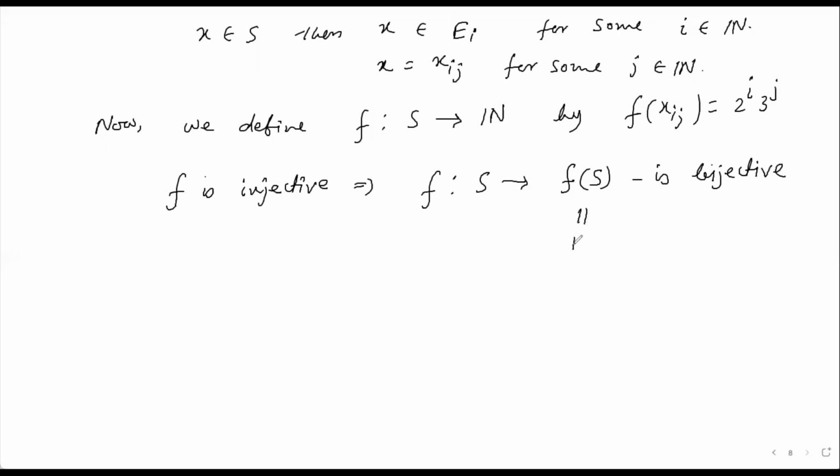Let's say f of S is equal to B. So f from S to B is bijective, and note that B is an infinite subset of the set of all naturals, which is a countable set, so B is countable.